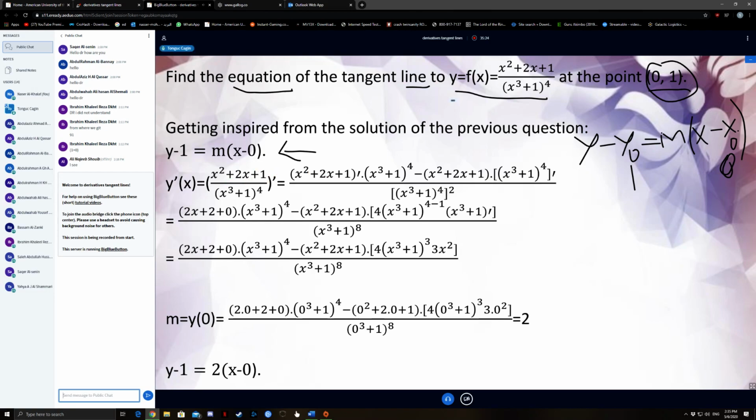Now, how to find this derivative? Well, you look at the function and what do you see? I see primarily a division of two things. So I have to use the rule for the division, which was the fourth rule in the previous presentation, which says if you have the division of two things, and they ask you to find the derivative, you can find it with this formula.